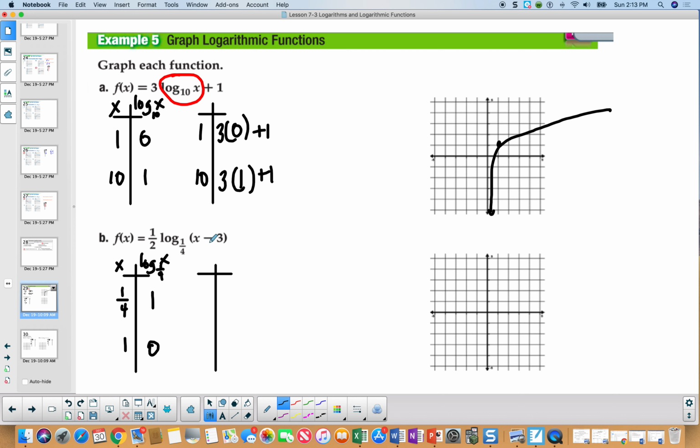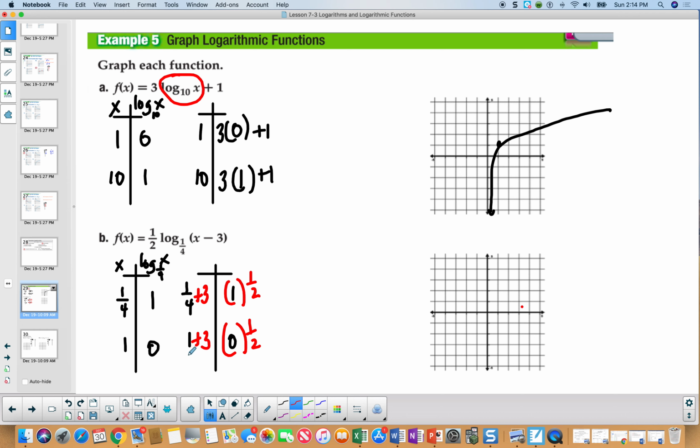Okay, over here, notice that something's happening to the x, so I'm going to write (1/4, 1), and then I'm going to write (1, 0). What I'm going to do here is add 3, because that's a horizontal movement, add 3. And then right here, this is multiplying by a half. And so I'm going to go ahead and graph that. That's going to be 3 and 1/4. So 1, 2, 3 and 1/4, and then up a half right there.